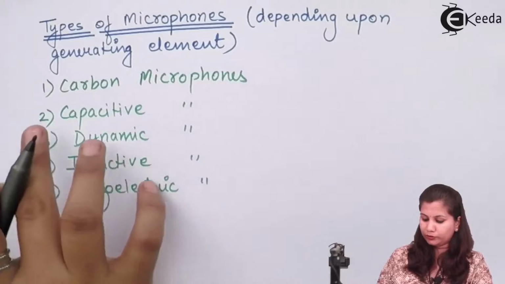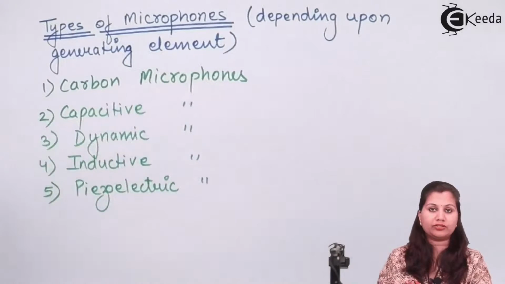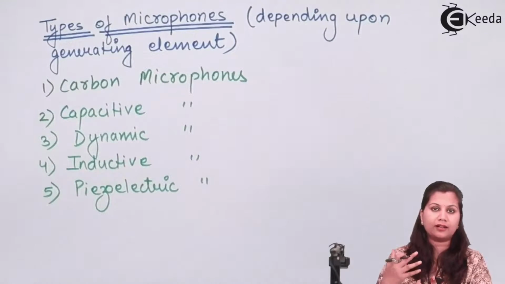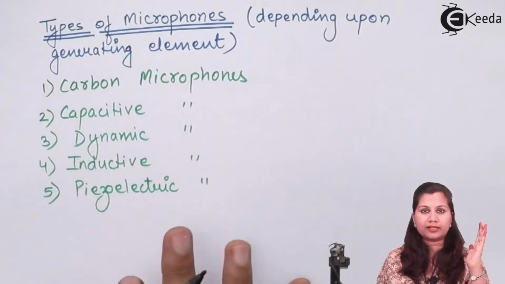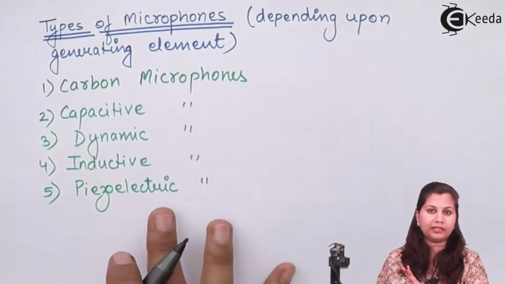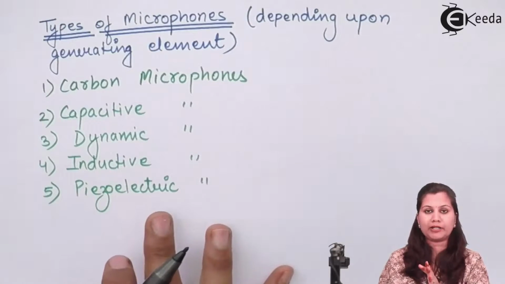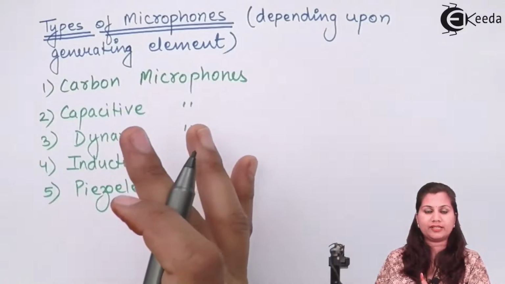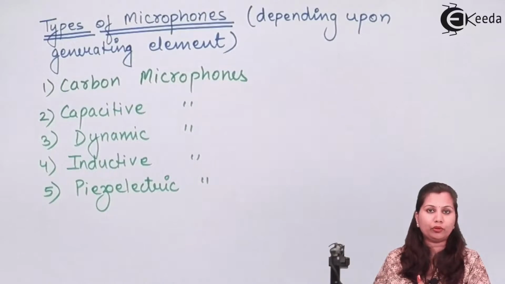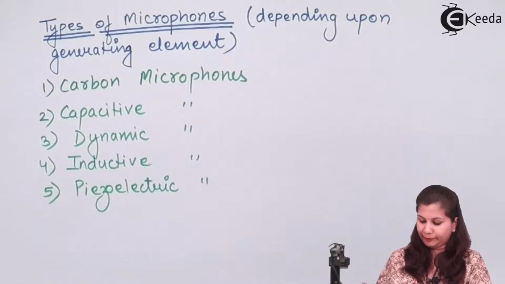Okay, so in the carbon microphones, the change in resistance is occurring due to the pressure variations. The sound waves are going to be converted into pressure waves. Those pressure waves cause the change in the resistance, and due to the change in the resistance, the output voltage generated will be different.